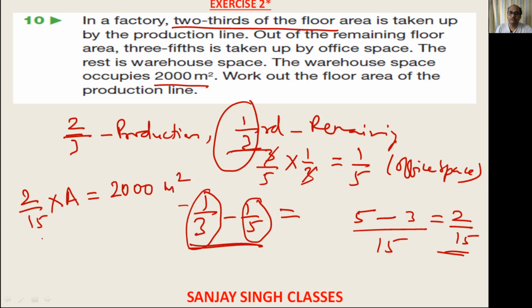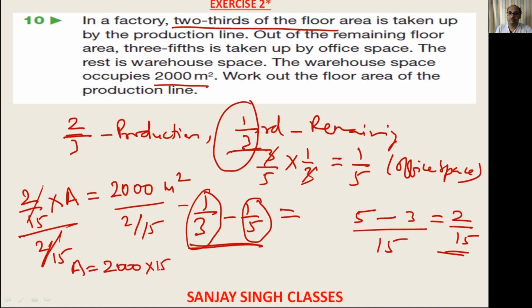If we divide both sides by 2 by 15, this side gets cancelled, leaving A, and the other side becomes 2000 into 15 by 2. Cancelling, it becomes 15,000. So the total area is 15,000 meter square. And we need to find the floor area of the production line.